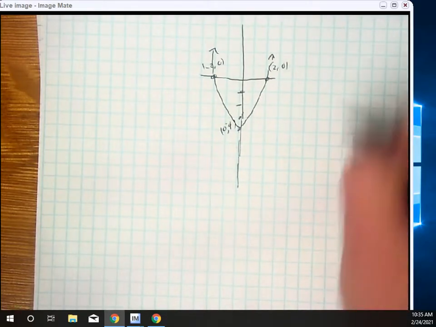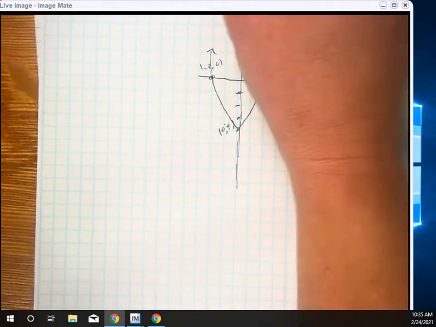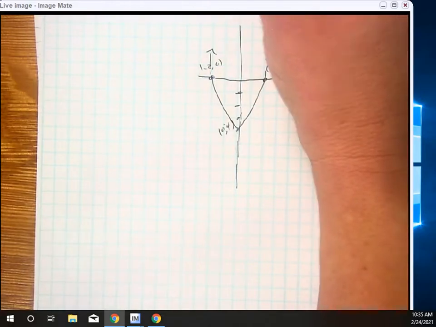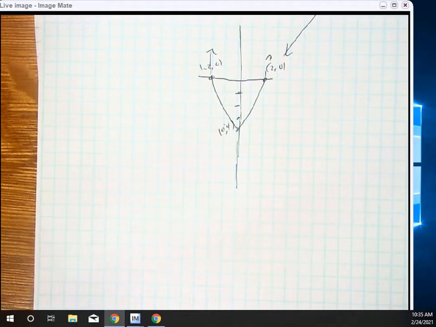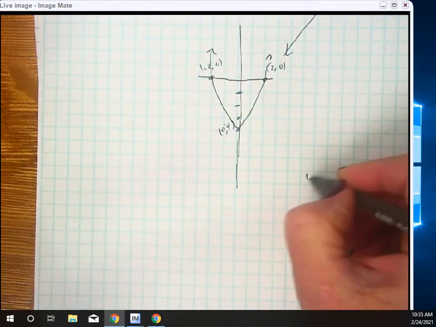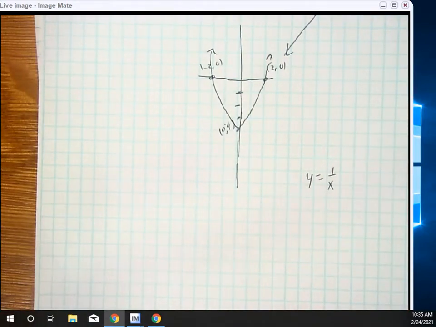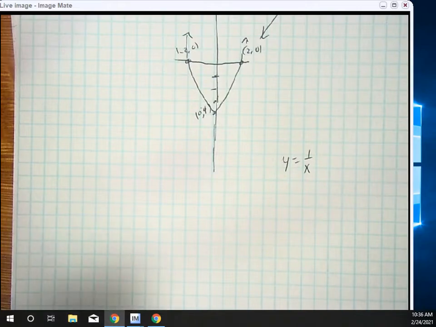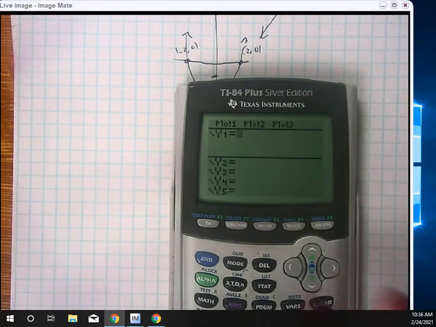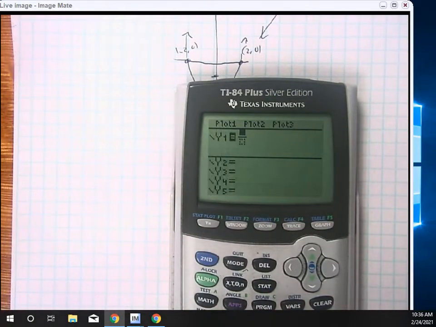Does anybody know what y equals 1 over x is going to look like? Have you seen something like that before? Nope. All right, so out of your wheelhouse.